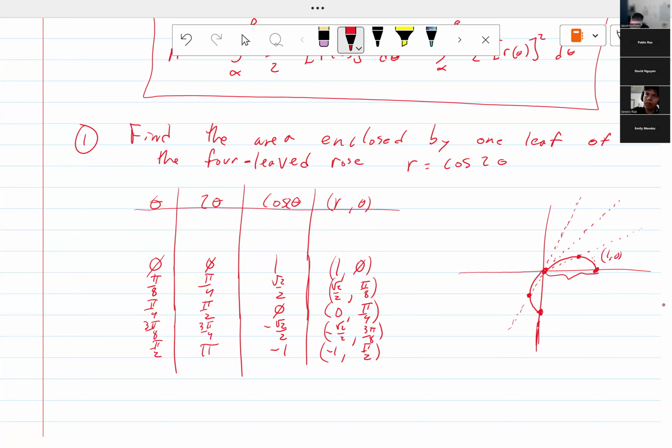Okay, and as I continue this along, I actually end up drawing out the following figure. It's called a 4-leaf rose. Okay, a 4-leaf rose.